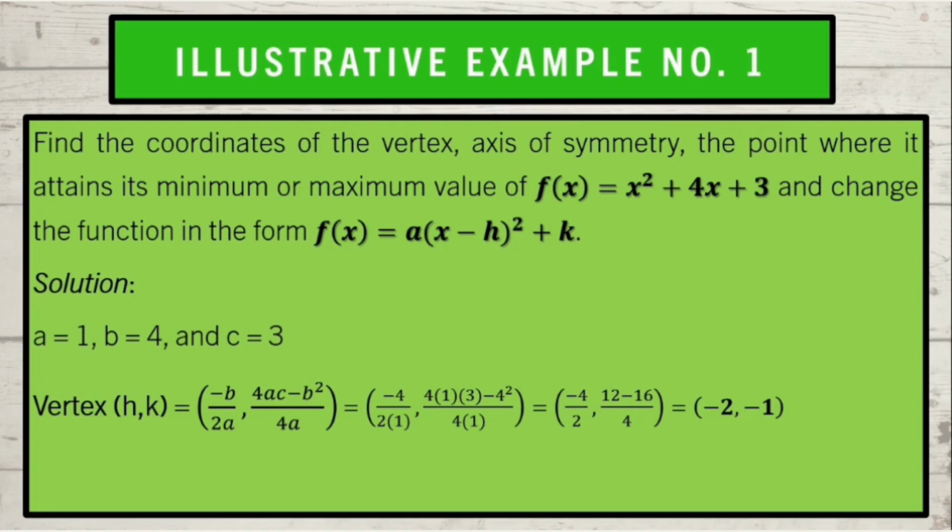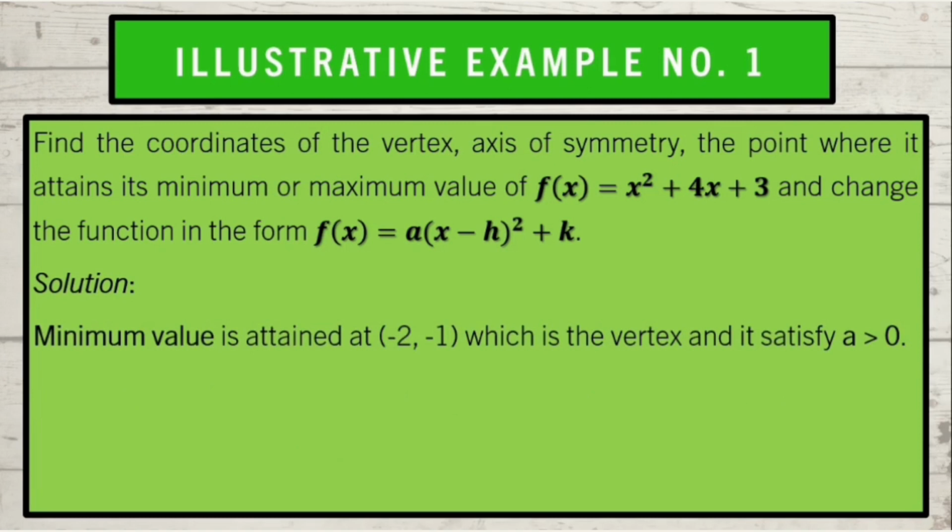The axis of symmetry is given by x is equal to h, or that is x is equal to negative 2, because h is equal to negative 2. The point (−2, −1) attains its minimum value, which is the vertex, and it satisfies a is greater than 0.